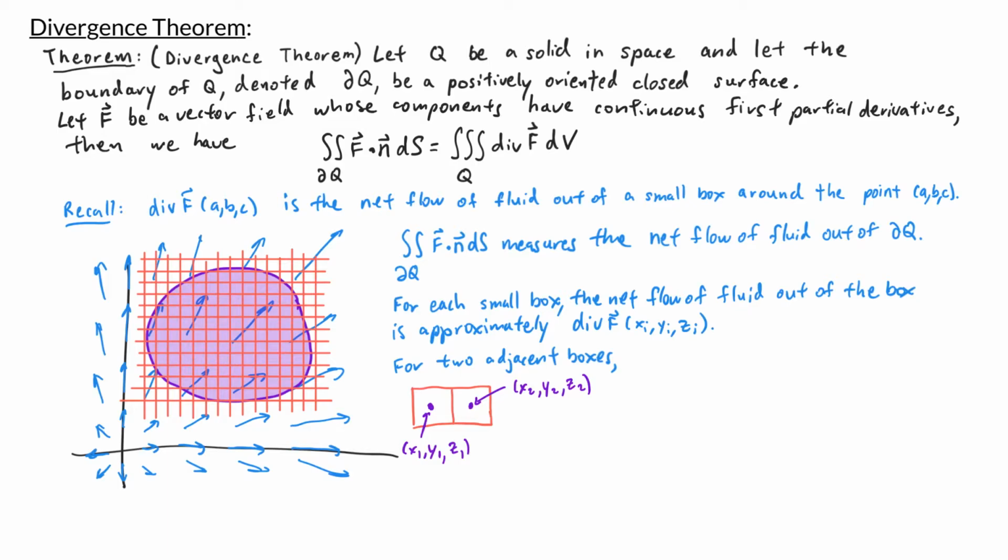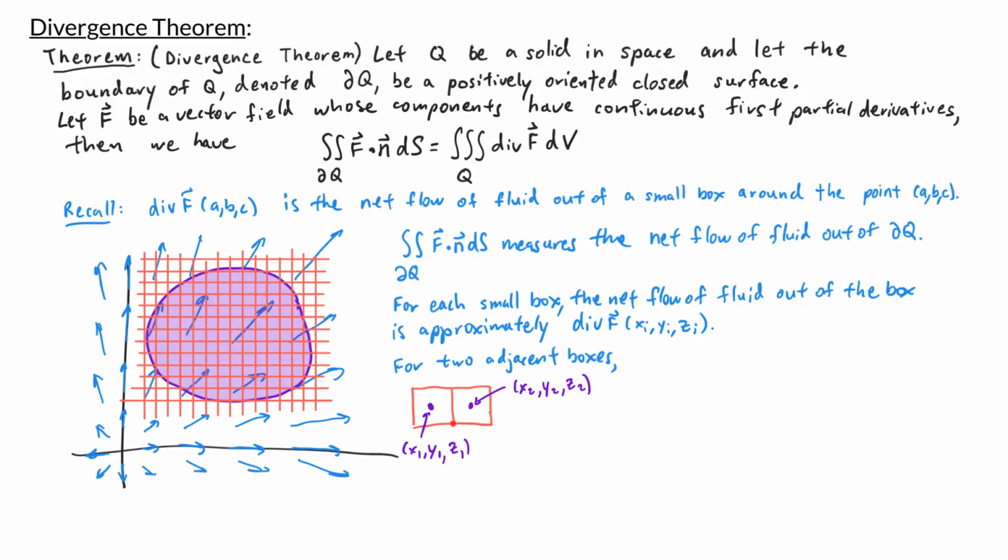So it's the flow of fluid across this edge, this edge, this edge, and this edge, all summed up together. Now if we consider the sum of the divergence of F at (x1, y1, z1) plus the divergence of F at (x2, y2, z2), what we'll be adding is the flow across all of the edges.